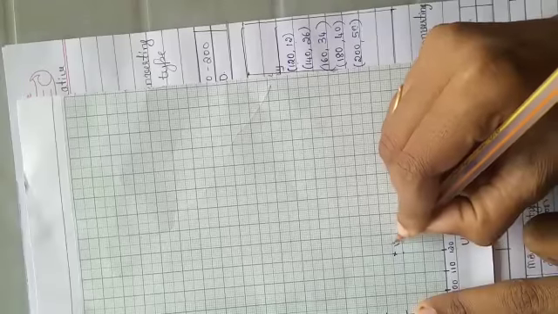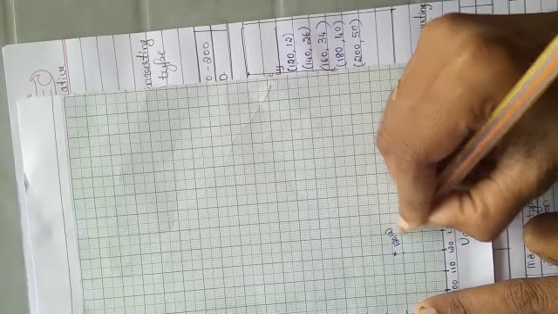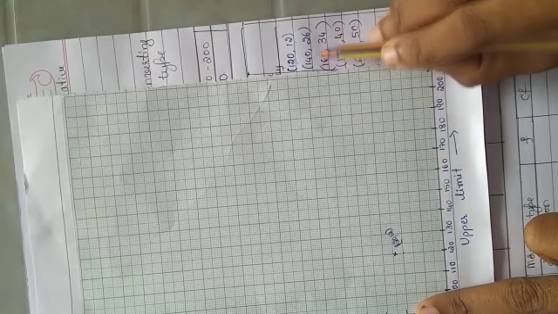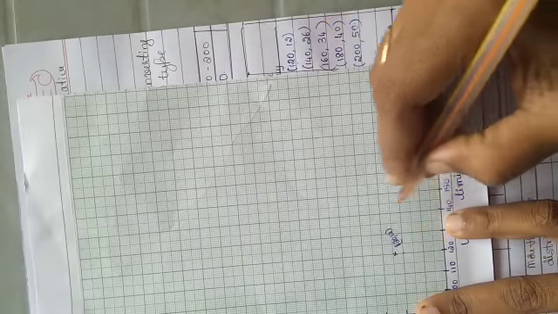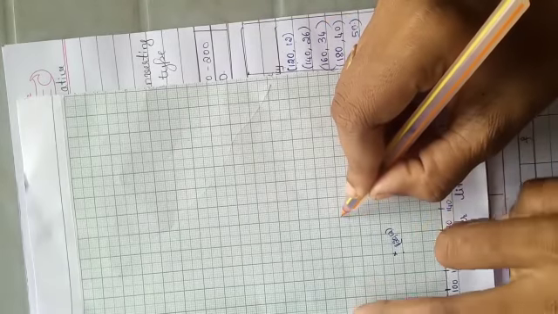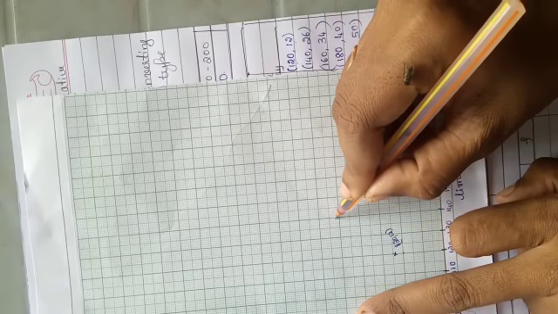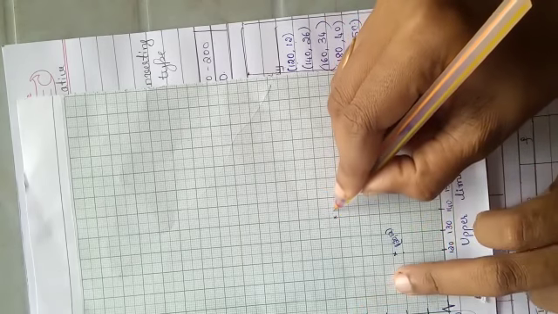So 120, 12. Next point 140, 26: 25 here, 2 lines above 25.